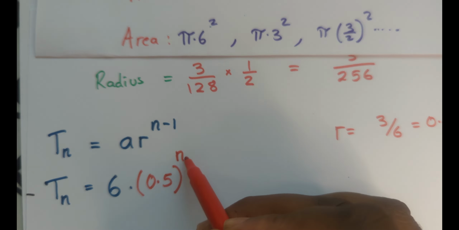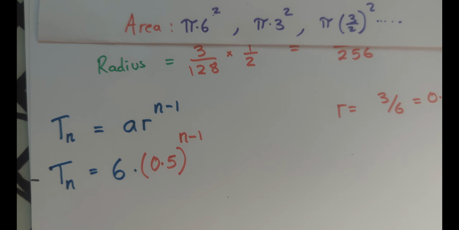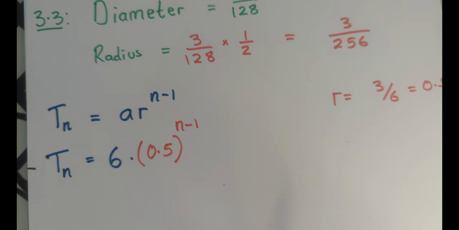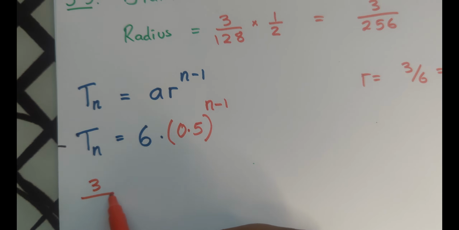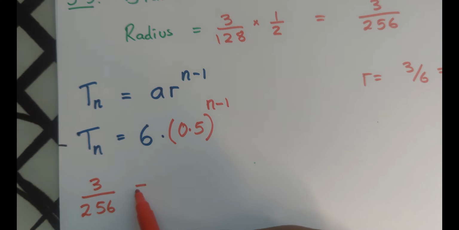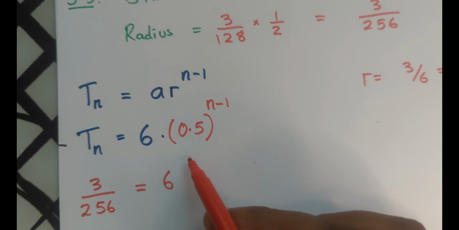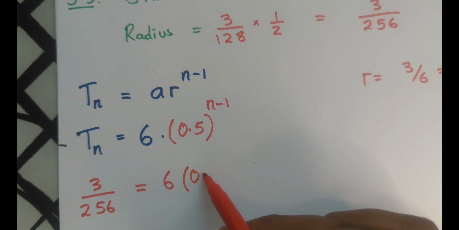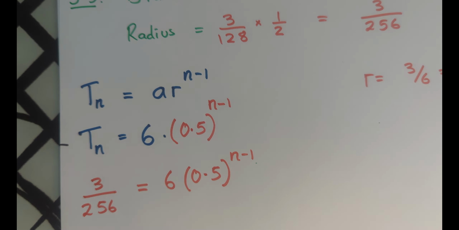So we want to find n. And we know this should give us 3 over 256. So we are going to put 3 over 256 on the left side, being equal to 6 multiplied by 0.5 to the power n minus 1.